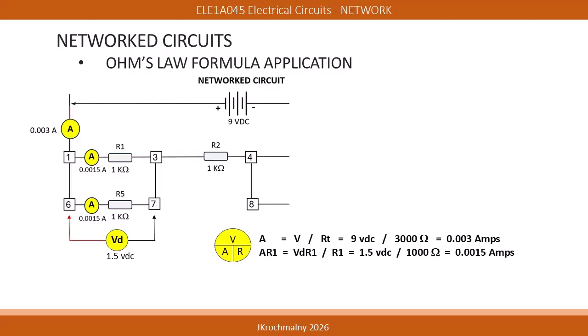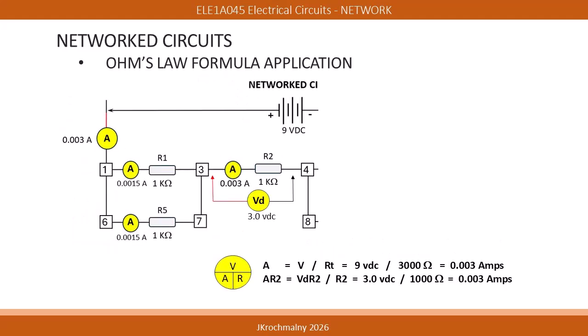Notice at the right, the same calculation is used to determine the amperage of the R5 load, and we find the same value of 0.0015 amps. We can use the same Ohm's law formula to find the amperage used by the 1,000 ohm R2 resistor. The voltage drop of 3 volts DC divided by the R2 resistance of 1,000 ohms equals 0.003 amps passing through it.